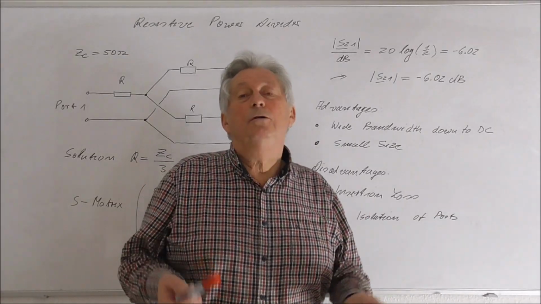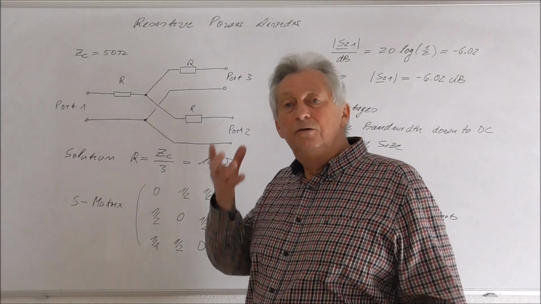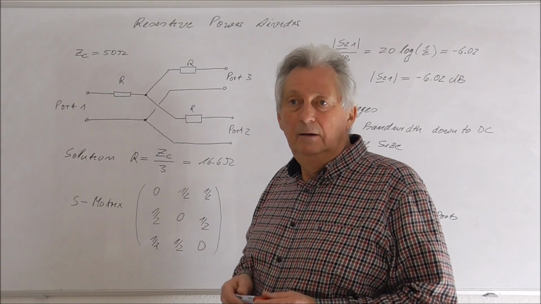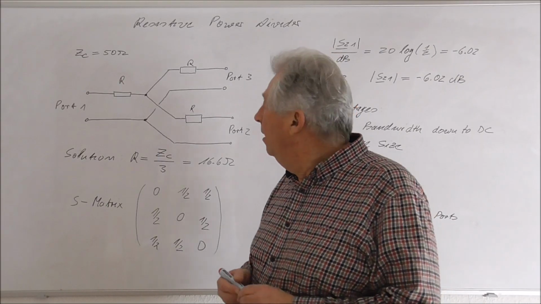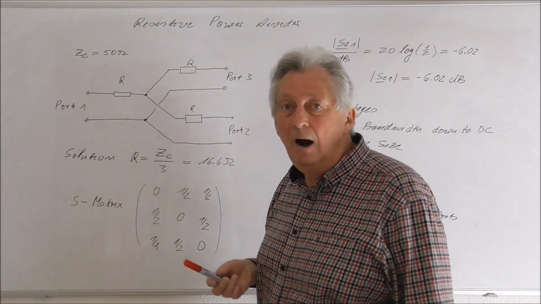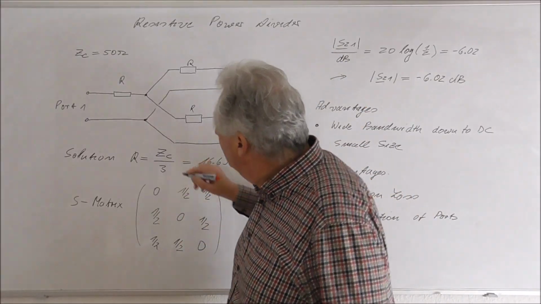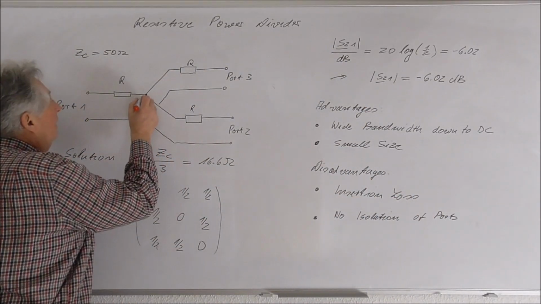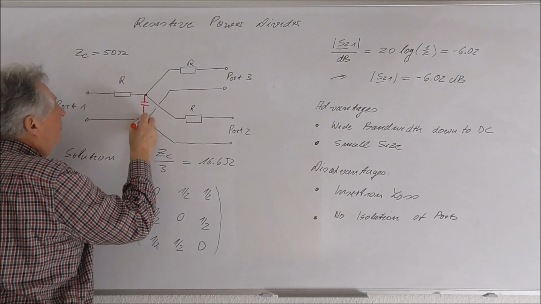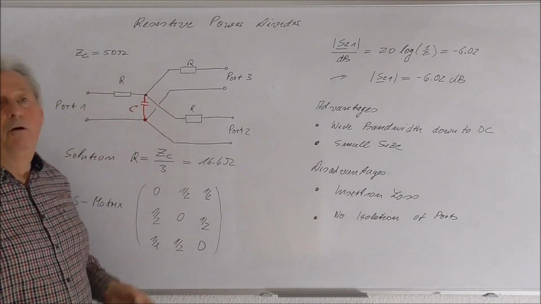And now I want to use the simulation tool to simulate the frequency behavior of our resistive power divider. Normally we would have to include the parasitics of R, but in the simulation I will just include later a capacitor which will account for the capacitance of the solder point of this resistor.